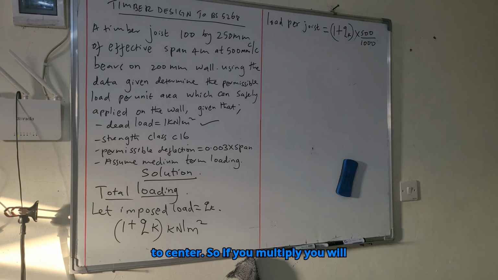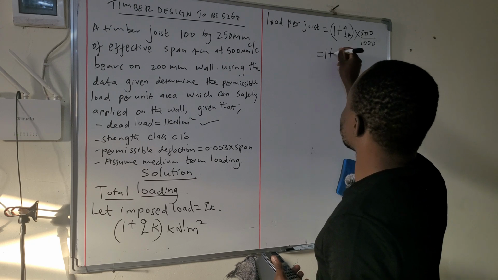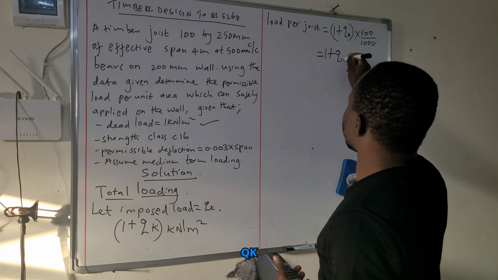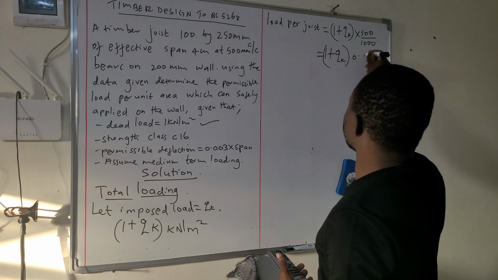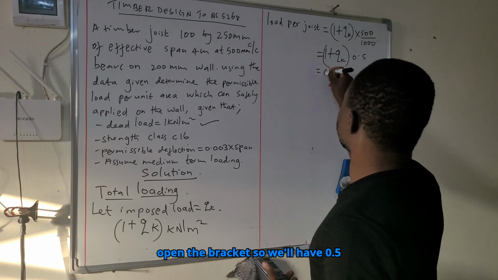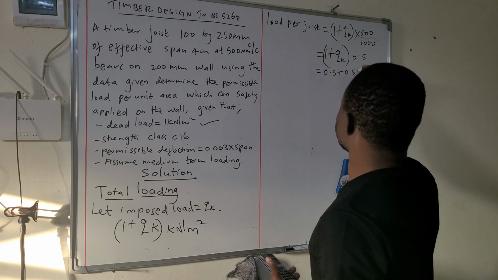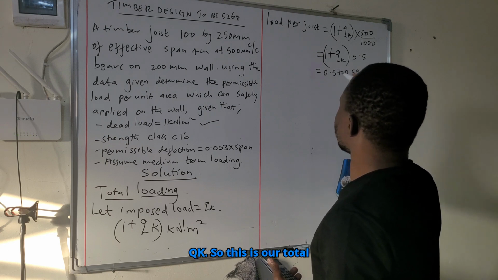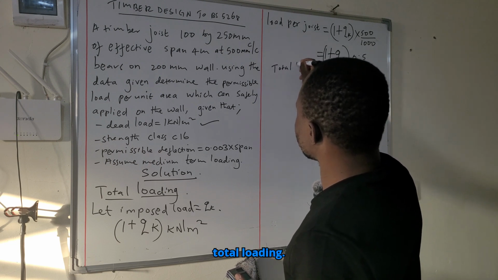So this will be 1 plus Qk multiplied by 0.5. You can open the bracket. So you will have 0.5 plus 0.5 Qk. So this is our total loading.